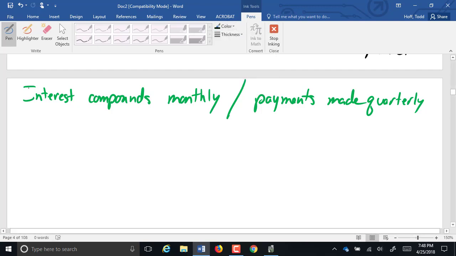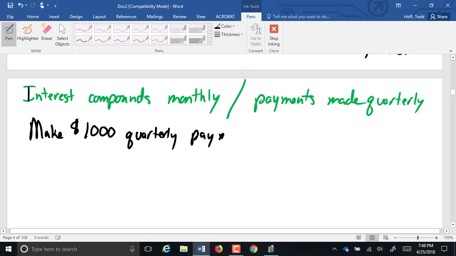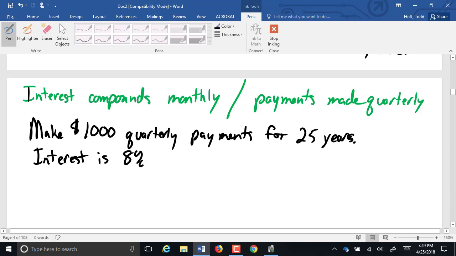Let's say we're going to make $1,000 quarterly payments for 25 years. Interest is 8% compounded monthly.